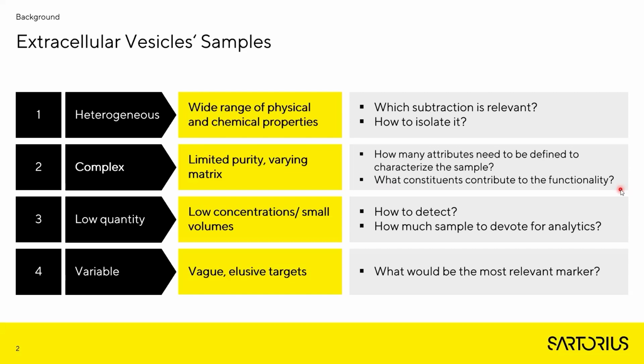How to isolate it? How well need the samples to be characterized? How many methods we should apply to actually get a good picture about what is there in our samples? So how to do this? How to reasonably select the methods to have enough sample for the basic characterization and the actual bioactivity studies? And what markers we can use to actually tell us the most essential information?